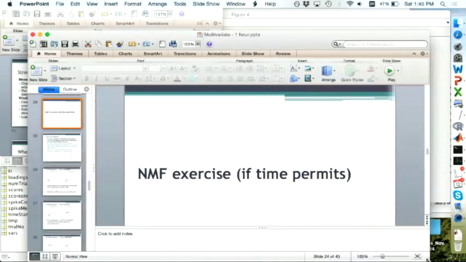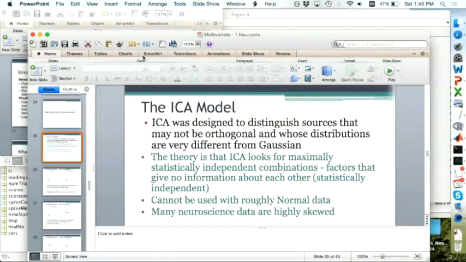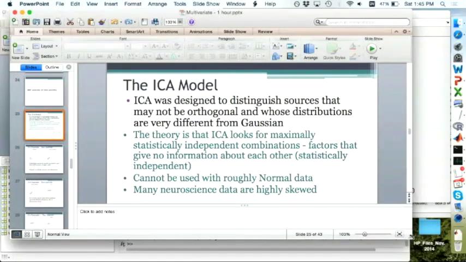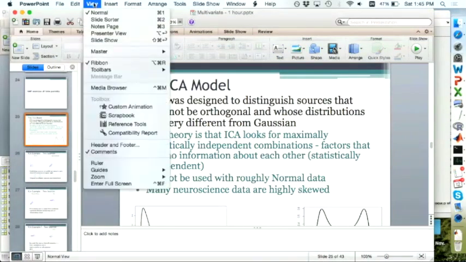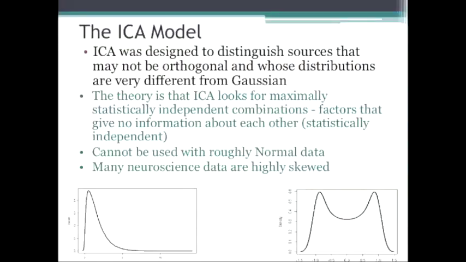All right, so the other very popular technique is independent components analysis. So the idea of independent components analysis is to directly address the problem that I mentioned earlier, that the principal components approach assumes that your underlying factors are close to Gaussian in distribution.